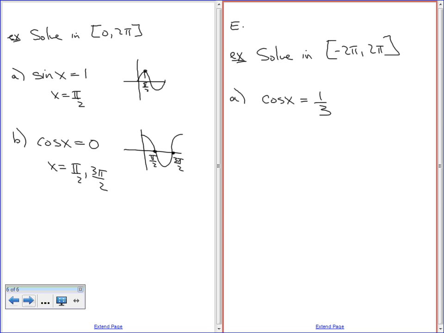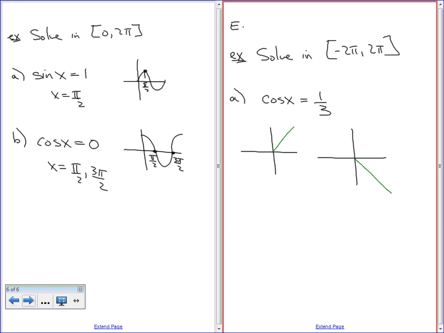Okay, so it's not 1, negative 1, or 0, so we have to figure out where our primary angles are by first drawing our axes, drawing our terminal arms in the proper location. Cosine is positive in quadrant 1, and cosine is positive in quadrant 4.